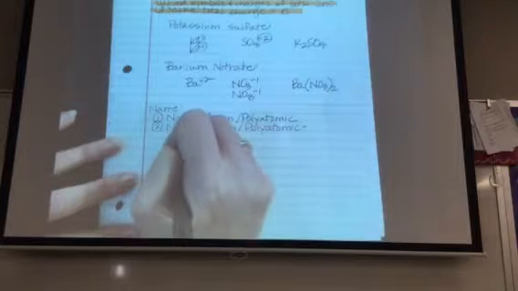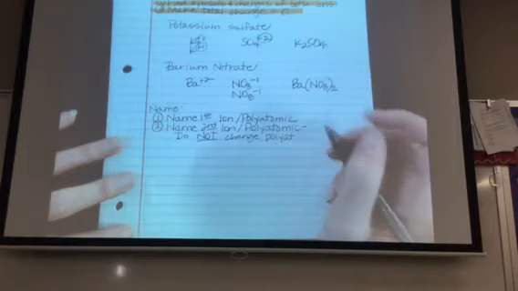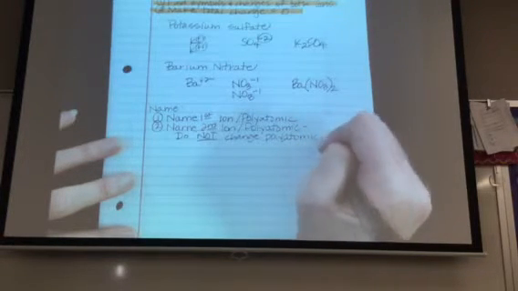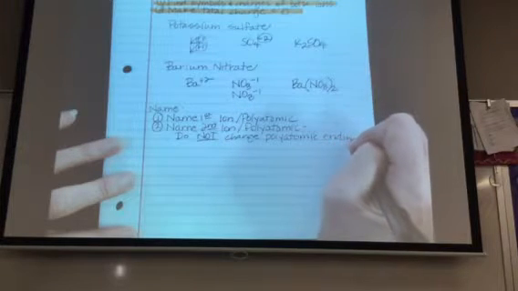Second step is to name the second ion or polyatomic. Some things you need to know: do not change the ending of a polyatomic. If it says "ate" or "ite", you leave it as "ate" or "ite".